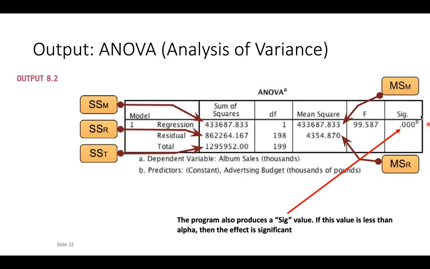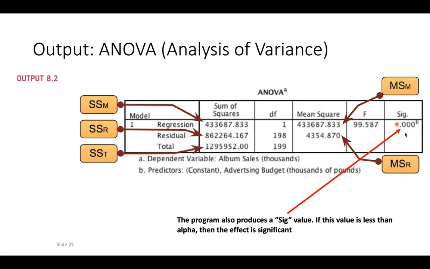Now, this significance value is a little sort of inversely counterintuitive, meaning this is not a critical value like on the table. What this does is it already does all that logic for you, right? The computer has its own critical value that it's using that you can't see behind the curtain. And so what it's doing is giving you a number to represent a comparison to your alpha for statistical significance.